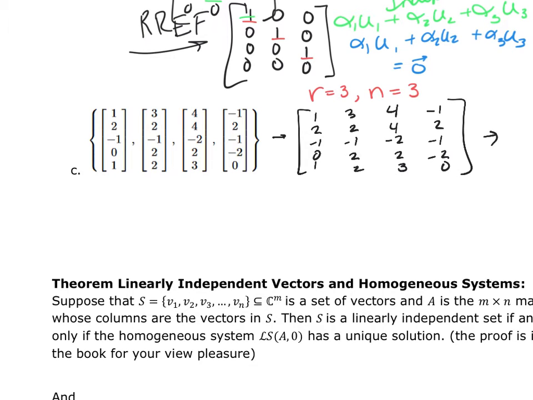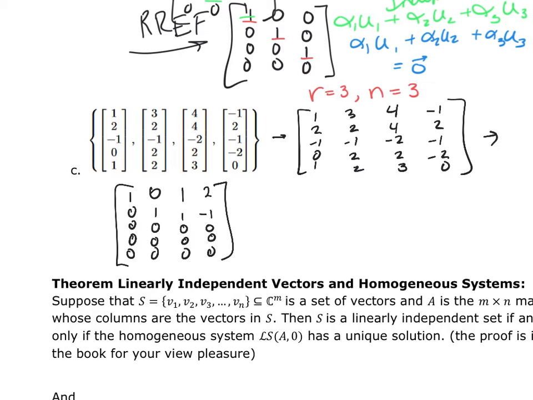I do the reduced row echelon form, and I end up with a matrix with 1, 0, 1, 2, 3 zeros, 1, 1, and so on. Right away, because I'm starting to see non-pivot columns, I know that this is linearly dependent.